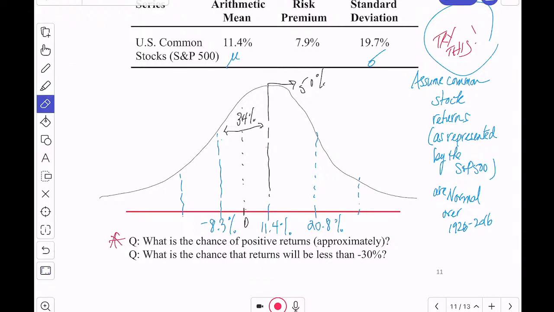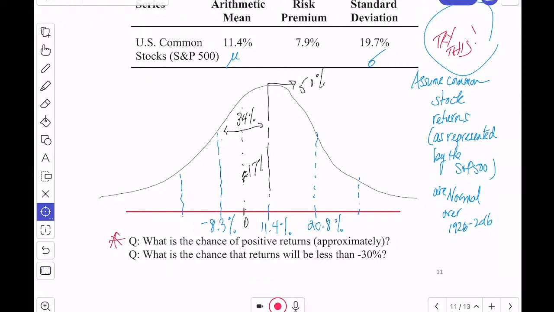Do you guys remember this stuff? You can say this is approximately 17% and add it to 50 and say the chance of positive returns is about 70%. So that can tell you why people would invest in the stock market, right?